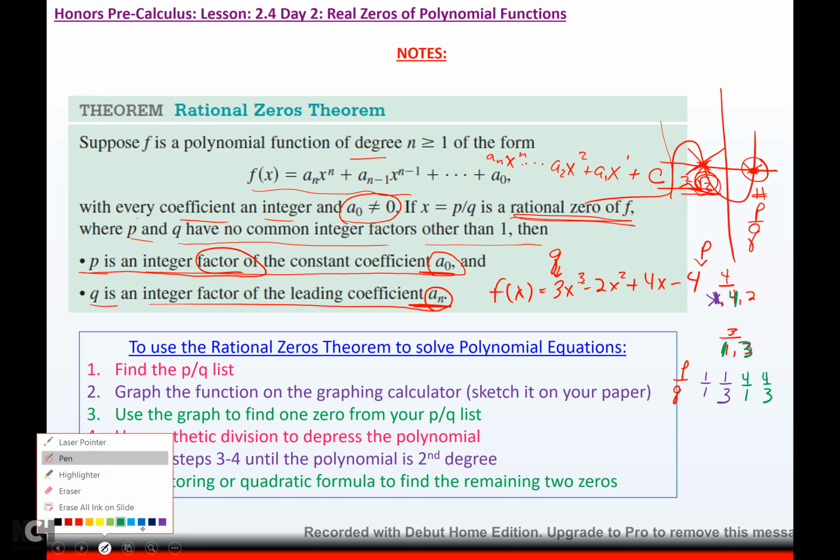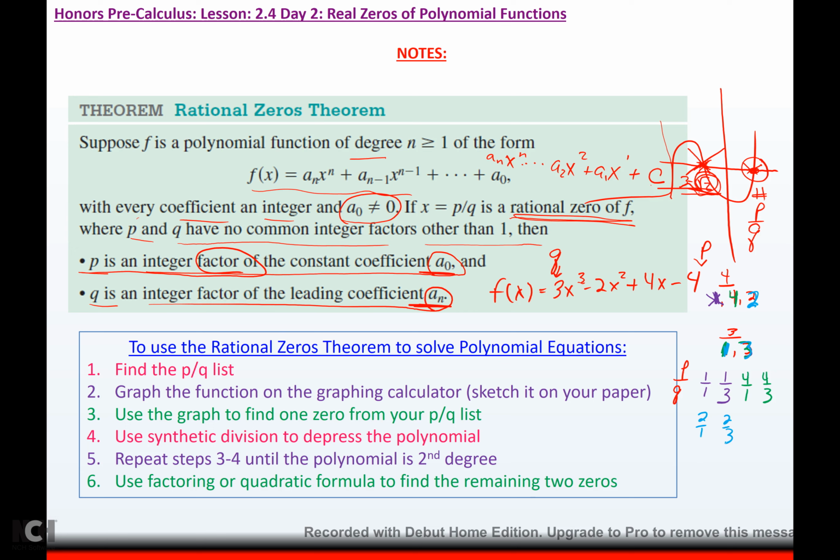And then my final one is a 2, and I can pair them up with 1 and 3, which would give me 2 over 1 and 2 over 3. So my final p over q list is plus or minus 1, plus or minus 1/3, plus or minus 4, plus or minus 4/3, plus or minus 2, and plus or minus 2/3.